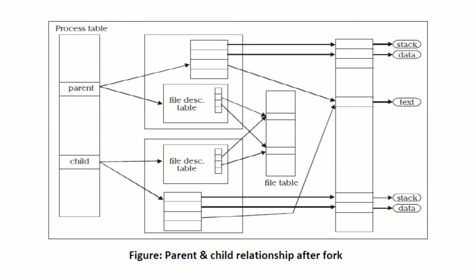Here the block diagram shows the parent and child relationship after a fork.